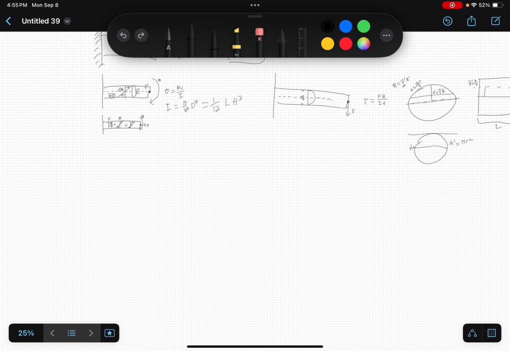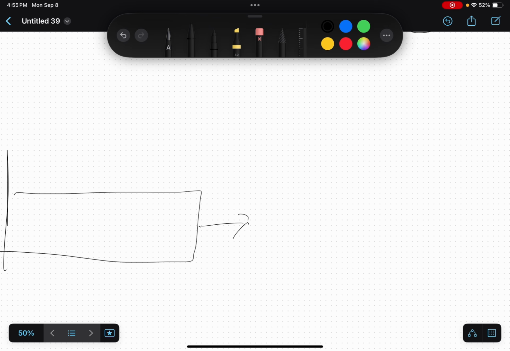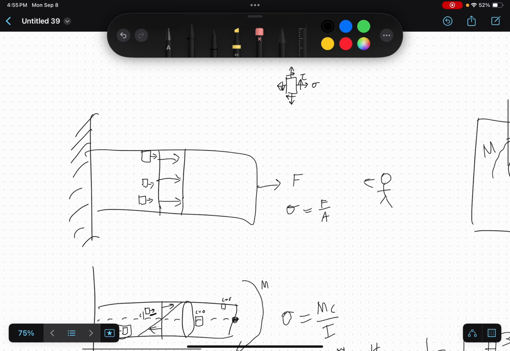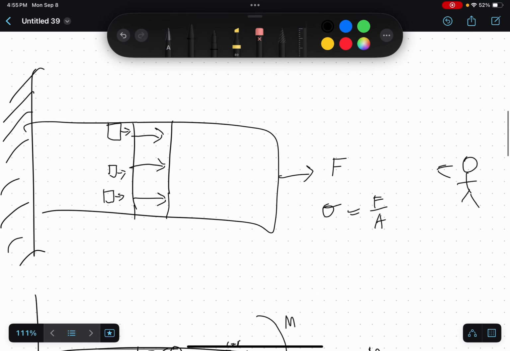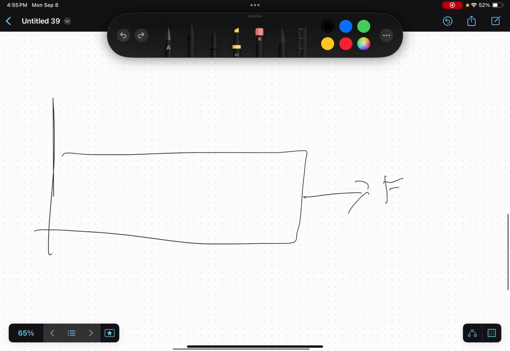the easiest example is, let's say you've got a beam on a wall again, and you're pulling it again with a force. As we mentioned up here, this creates a normal stress of force over area. Now, let's say you're pulling like a thing of rubber.